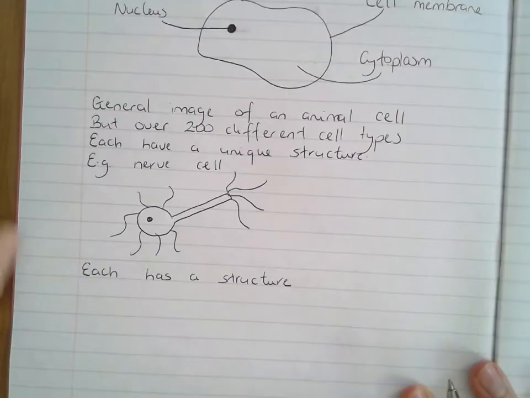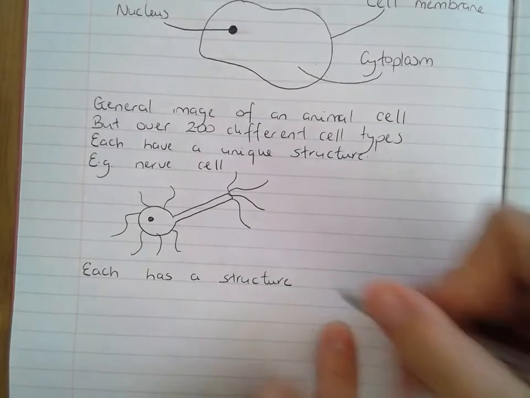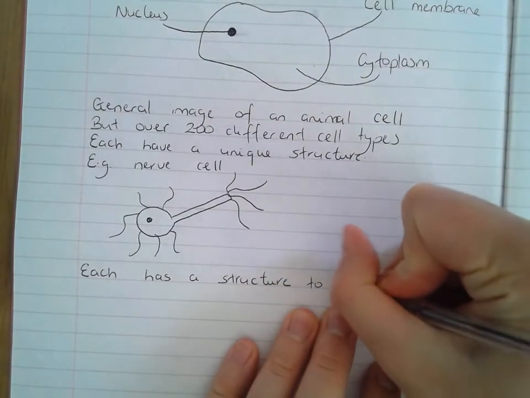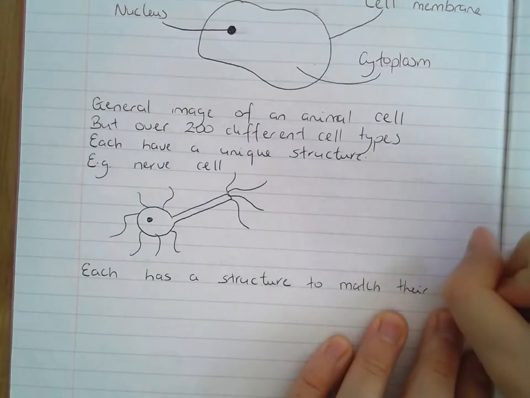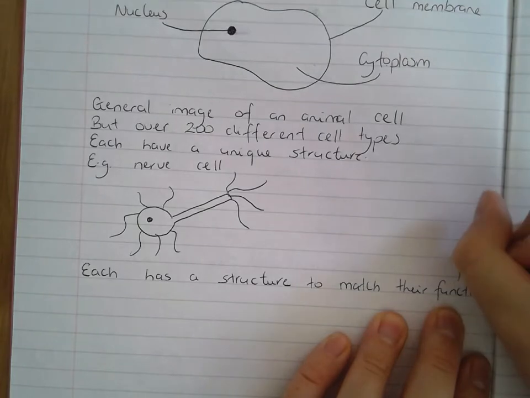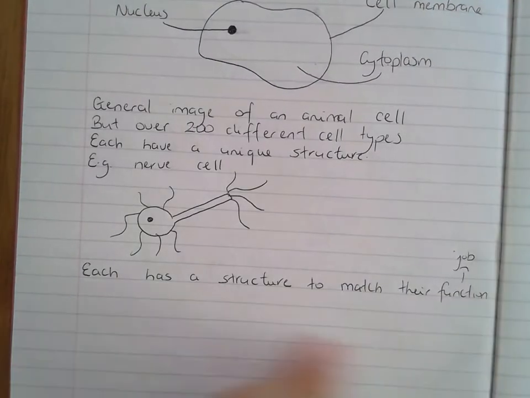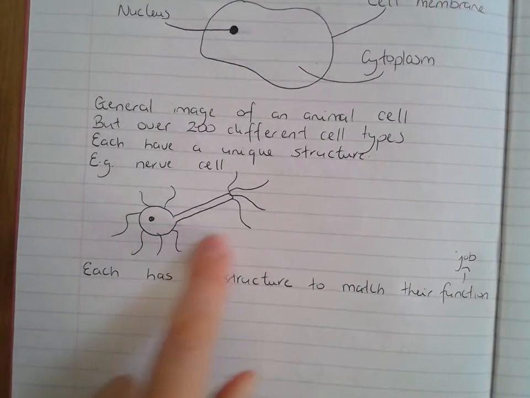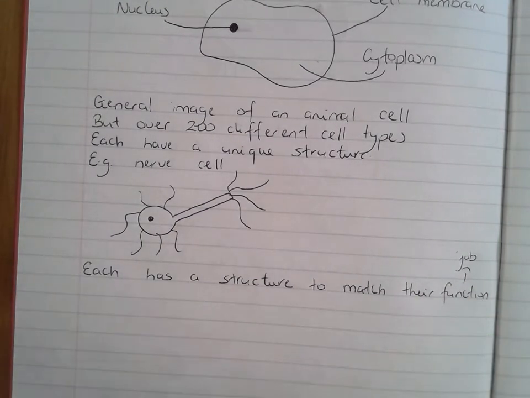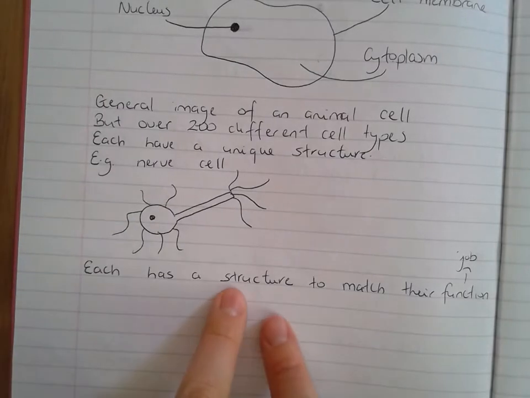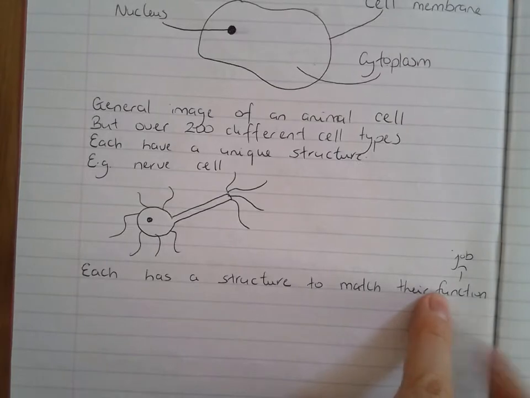And by their function, I just mean their job. So what I'm saying is that what the cell looks like relates to the job that that cell does. Okay, they look different because they've got different jobs, and how they look relates to the job that they do.